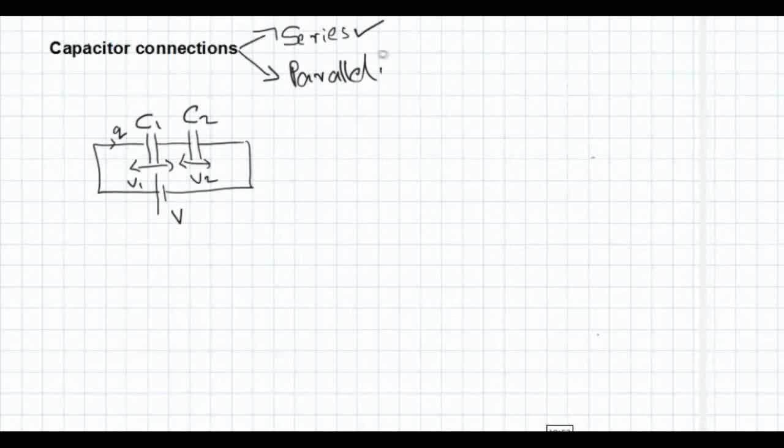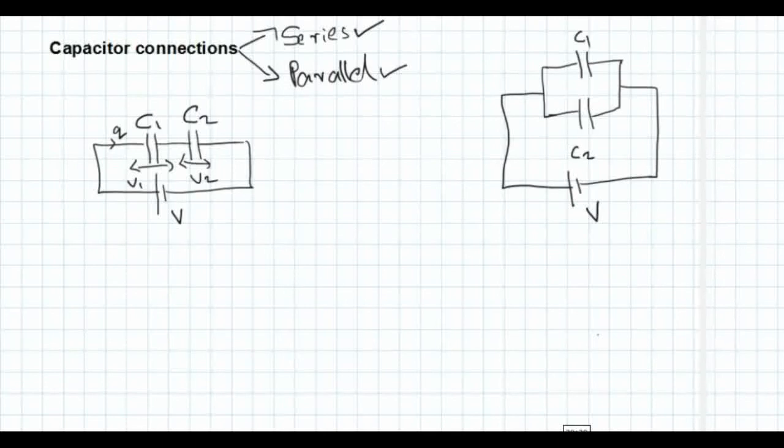Similarly, we can find the effective capacitance in the case of a parallel connection. And for a better understanding of the parallel connection, I am keeping the series connection as such. And parallel means this way we can connect, that means both capacitors are connected to the potential.